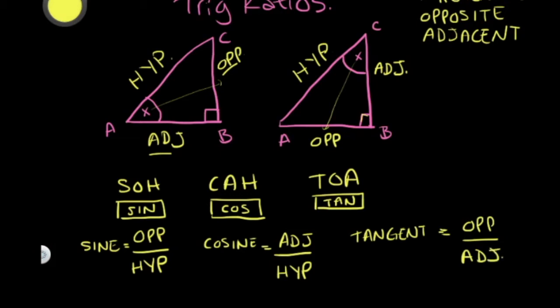So that's what that stands for. You're thinking, what are you talking about, Mrs. LaJoy? So let's do some examples to show how we use our calculator with sine, cosine, and tangent.